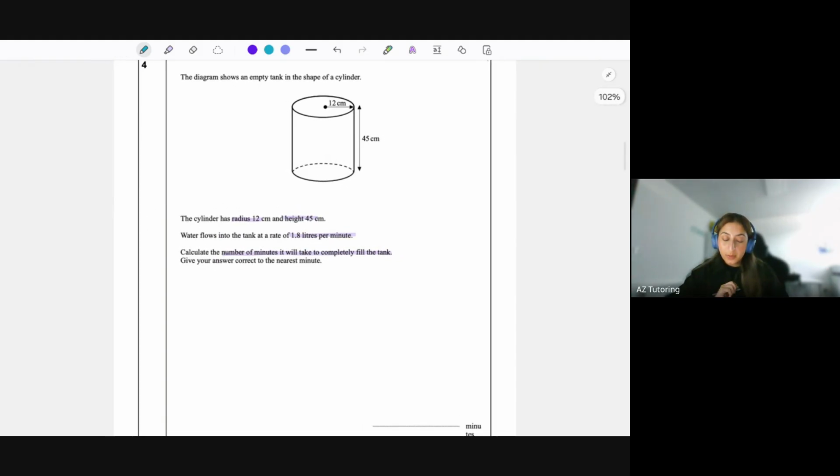So we are working out the volume because the radius is given to us and the height is. The volume of a cylinder is pi times r squared times h. We've got the radius, and we've got the actual height. Remember, it's the vertical height, not the slanted height. So h is vertical height, and whenever you see l, that's slanted height.